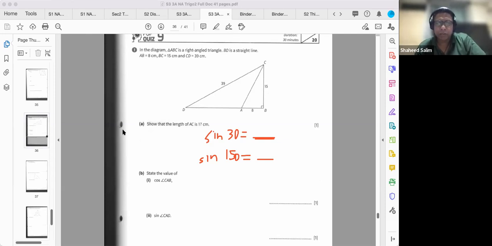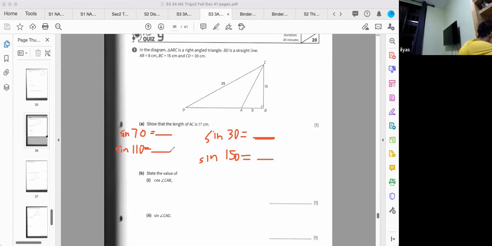Let's see now. Sine 70. You got the answer? And sine 110. Are the answers the same?